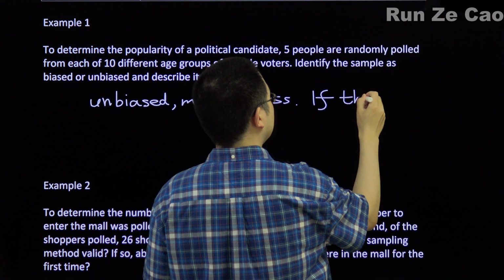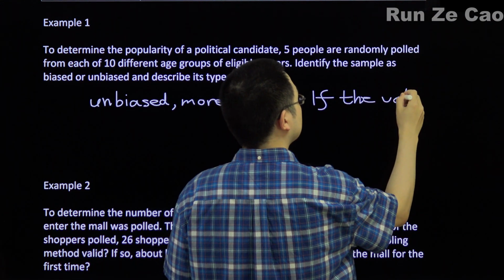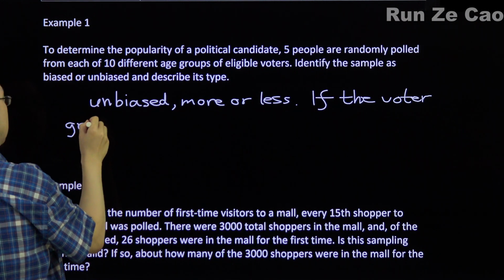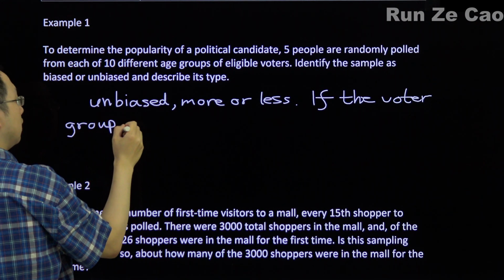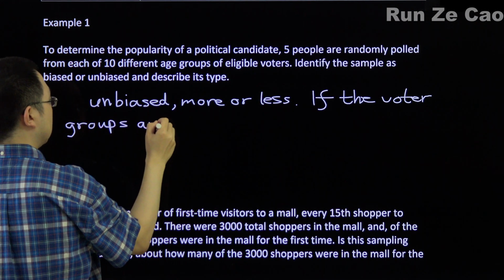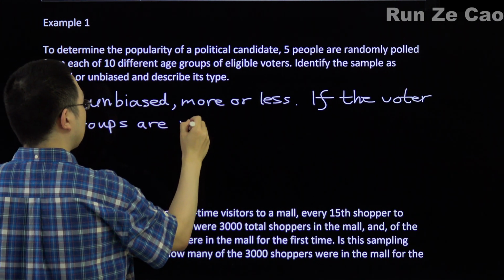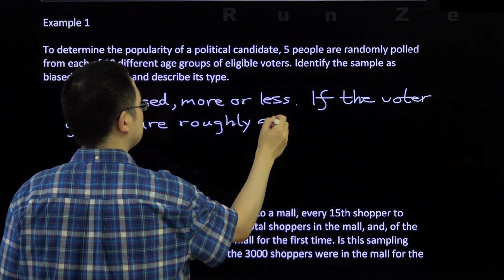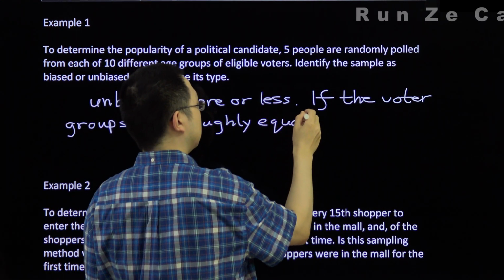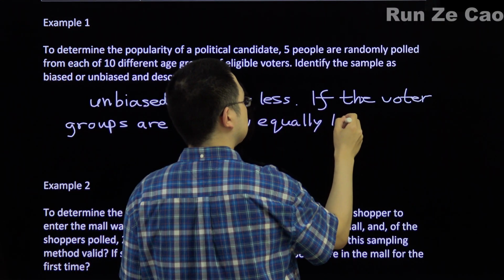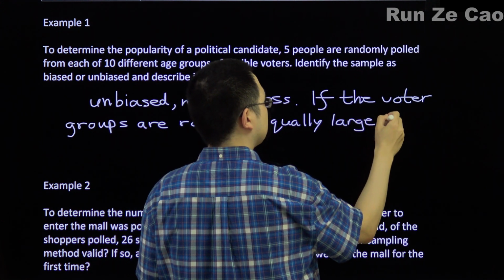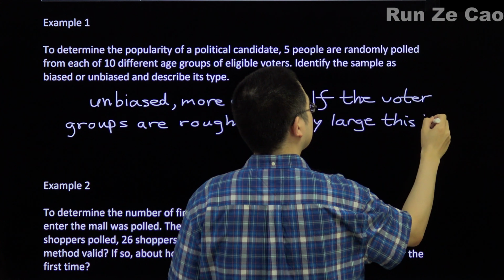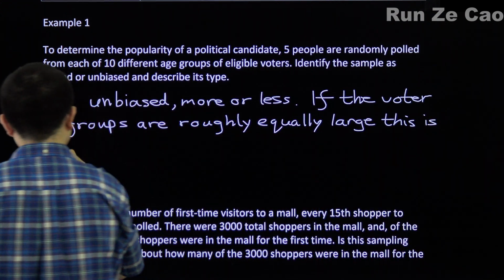If the voter groups are roughly equally sized, this is okay. This is unbiased.